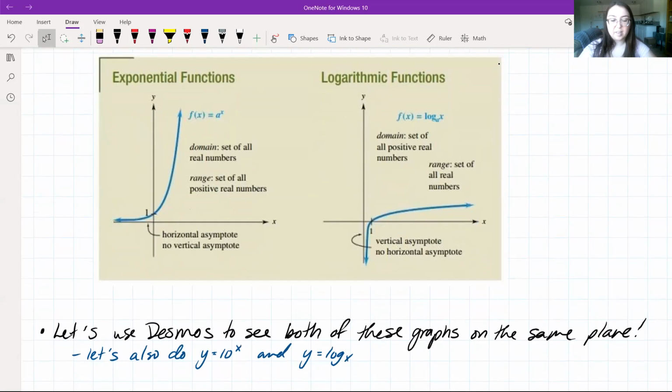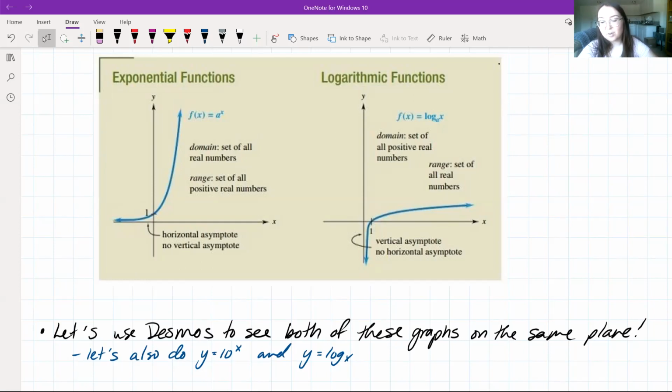So our graph can go anywhere across our x-axis, and our range will be all positive numbers since our y cannot be negative. Then we have a horizontal asymptote and no vertical asymptote, and our horizontal asymptote is the x-axis. So our exponential functions cannot touch or go past the x-axis.